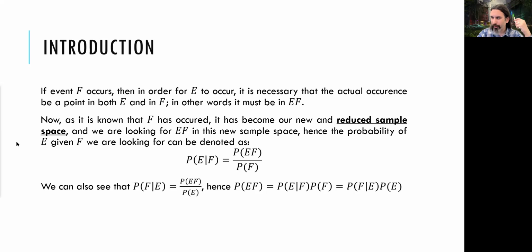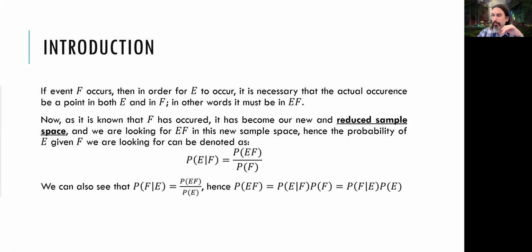We are looking for elements from the reduced sample space F that are both in E and F. So this conditional probability, E given F, can be calculated with this ratio: the probability of E intersection F divided by the probability of F. This will give us this probability. Now, we can apply this in any way we like. We can switch those places and look for more meaning, and we can see it here very easily.